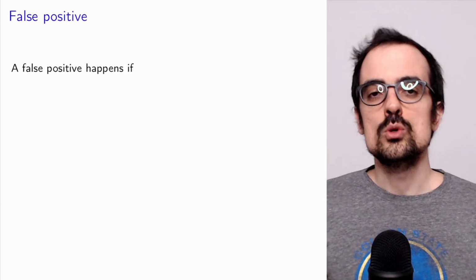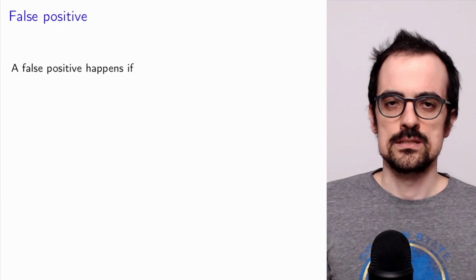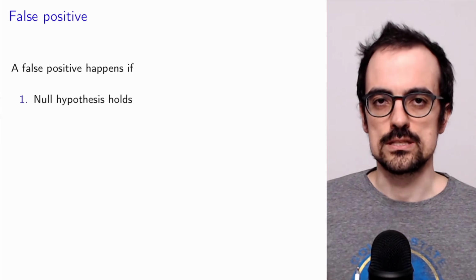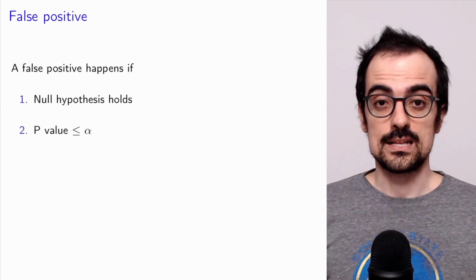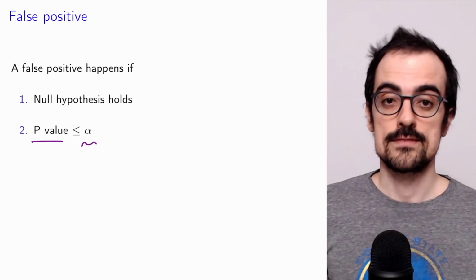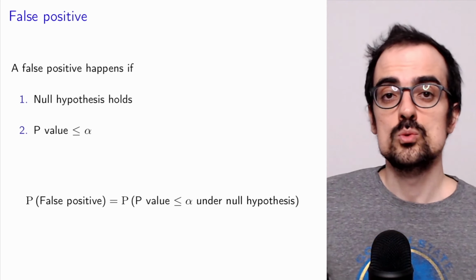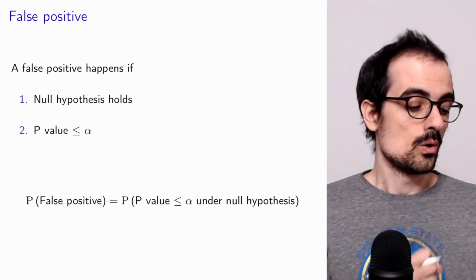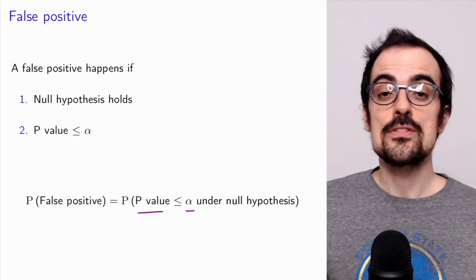So now we're going to analyze false positives. When does a false positive happen? A false positive happens if the null hypothesis holds and we reject the null hypothesis, which means that the p-value is smaller or equal to alpha. Now, in order to derive the probability of a false positive, we want the probability that the p-value is smaller than alpha under the null hypothesis.